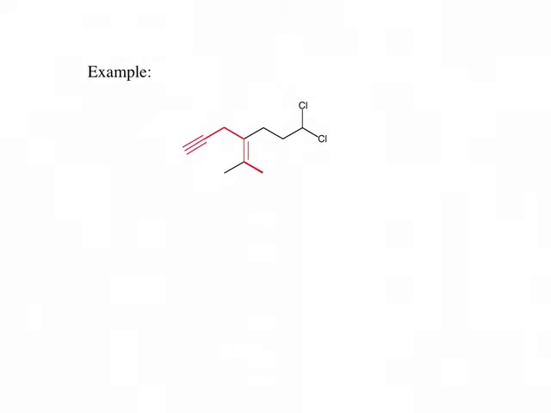Okay, let's go ahead and start some examples. You can see outlined in red on this molecule is the longest chain containing the most number of double and triple bonds that we could get. We're going to have to number it, and we want to start at the end closest to the first multiple bond.